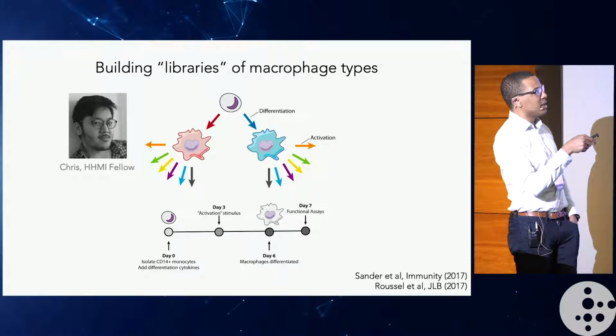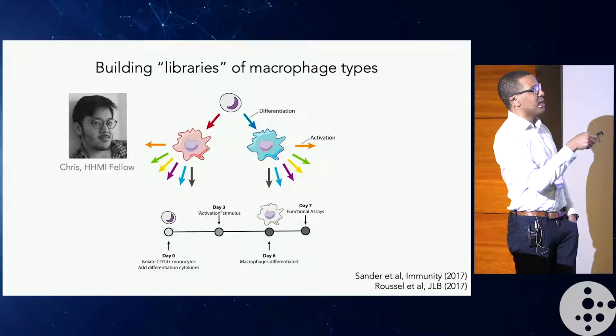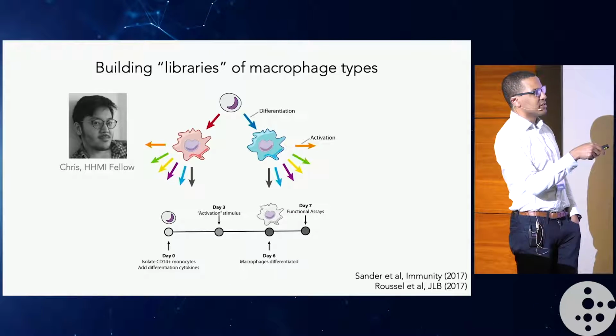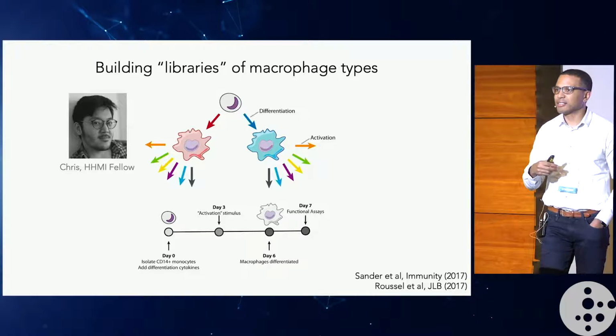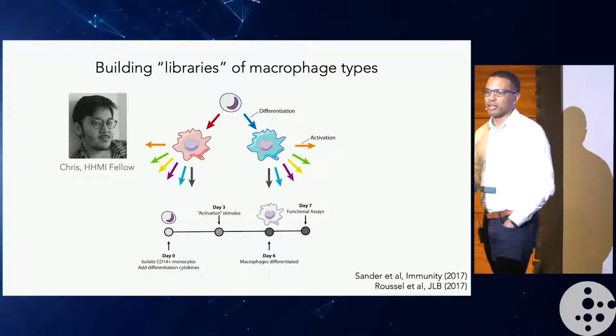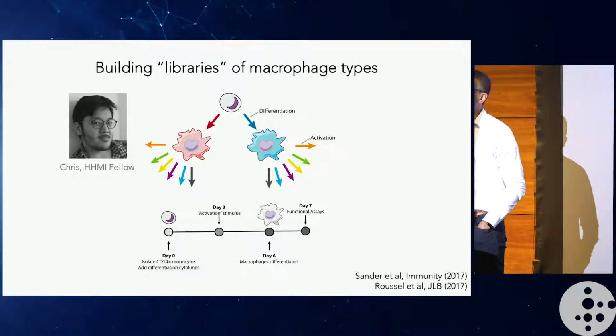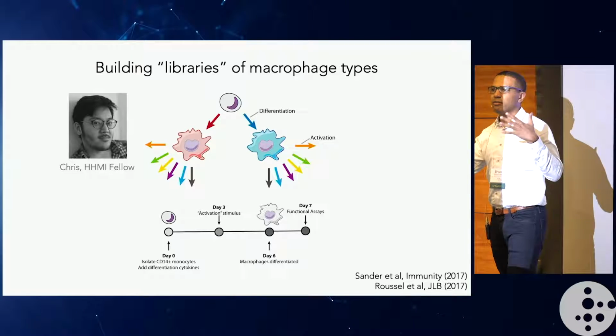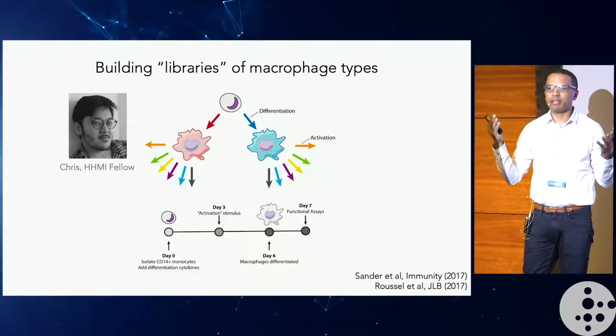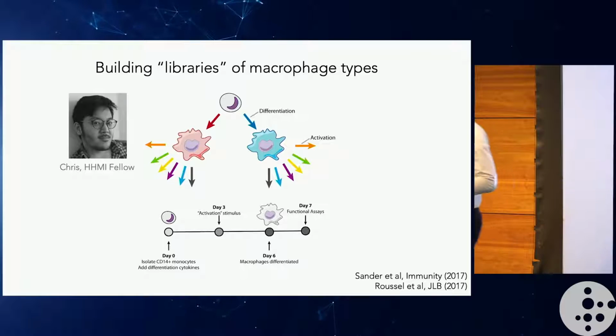Then we replenish the media and add both M-CSF and an additional range of different cytokines, and that's what I'm showing you here. Then on day 7, we ask about the functional properties of these cells, their ability to respond to TLR ligands, their ability to control TB, to begin to build an enhanced molecular characterization of these cells.